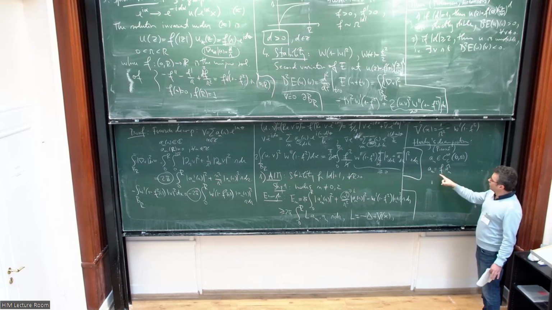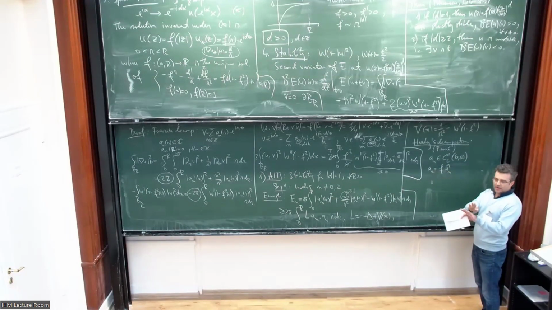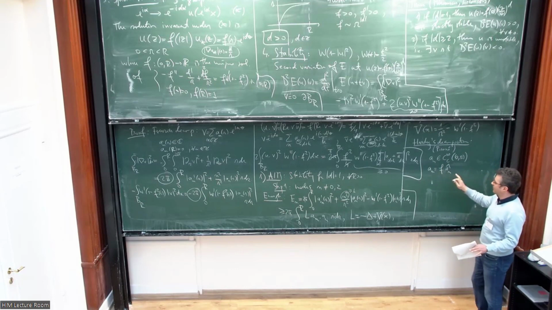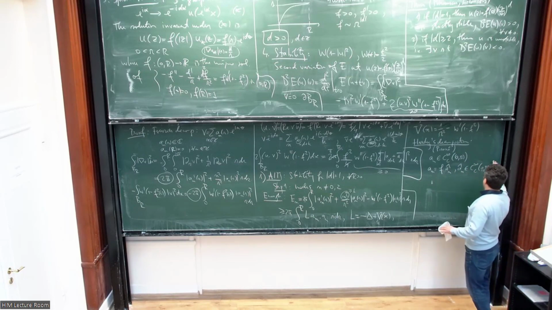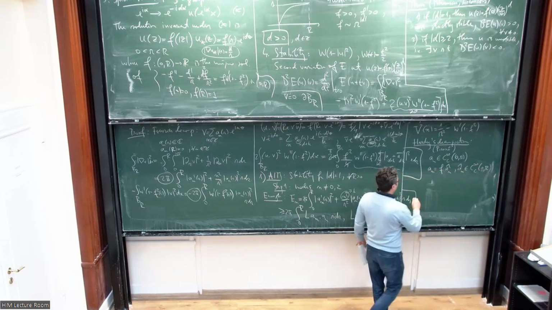You can do it provided that this f will never vanish in 0r, because this an avoids the 0 where f is 0, but then it doesn't matter. Okay, so if you do this, then everything is smooth. And then you have this identity.